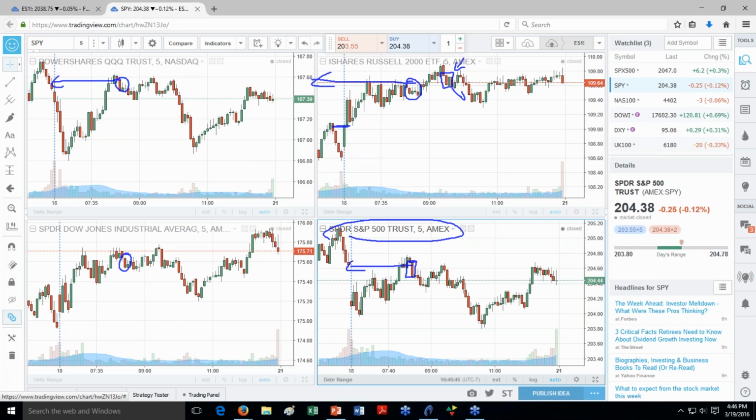Okay, let me see. Okay, hold on a second. Okay, so this is where we are actually getting the signal for the spiders, like right here in this area. So we might consider opening a short position here after the failure. So again, at this point, you would be looking at what is strong, what is weak.